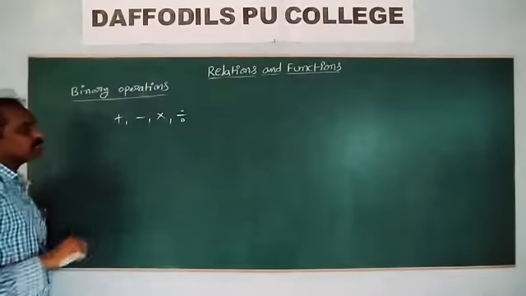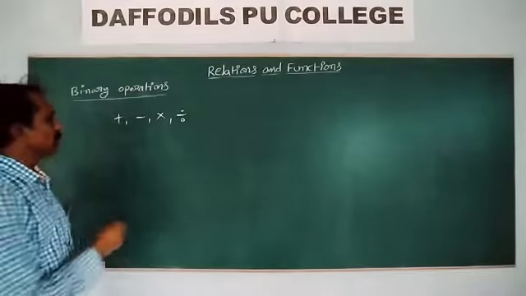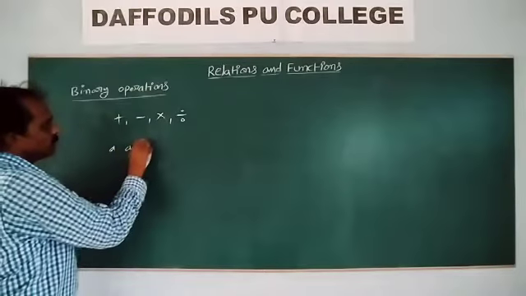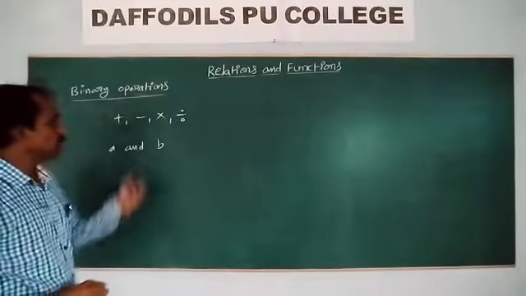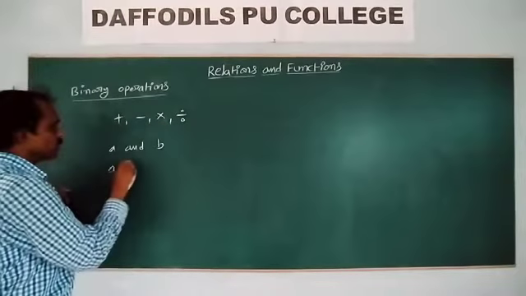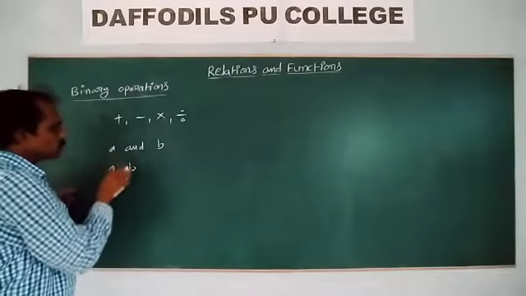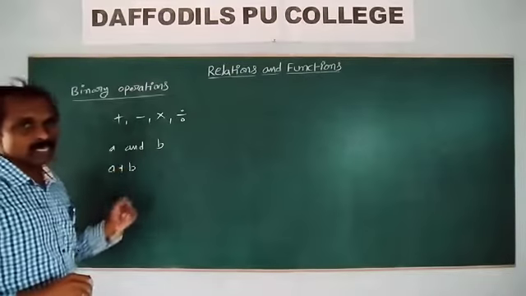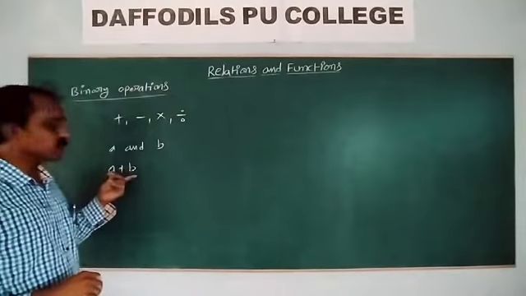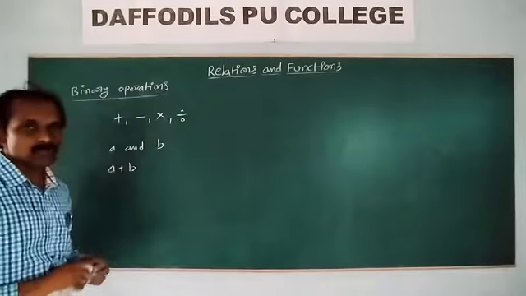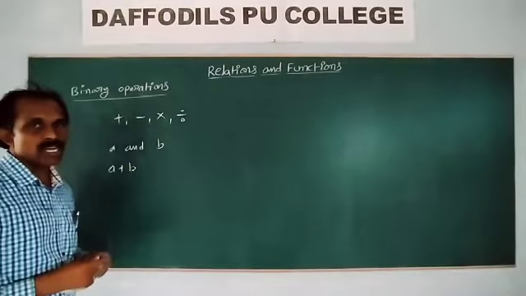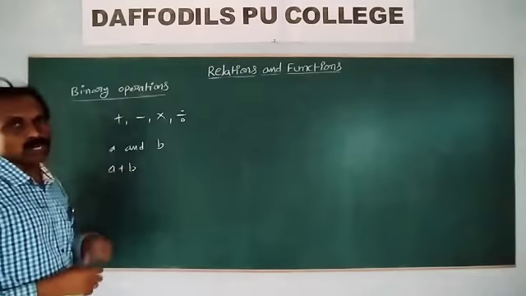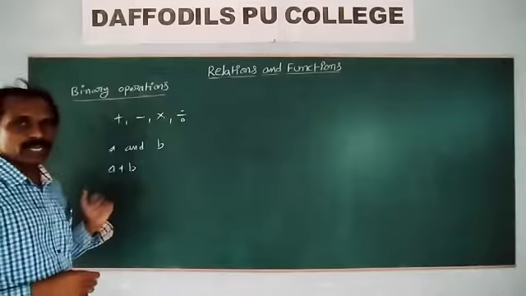We can apply these operations to two numbers, two values, that will be A and B. Any operation, either addition, A plus B, is associated with a number between A and B. Like that subtraction, multiplication and addition. So this operation is applied with two numbers. It is possible only with two numbers.